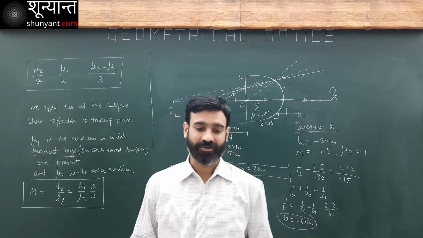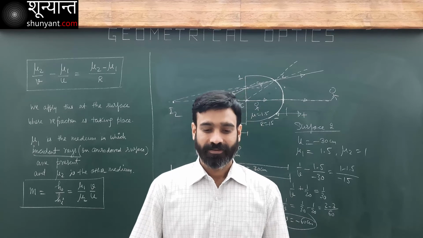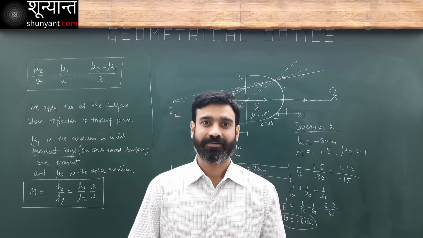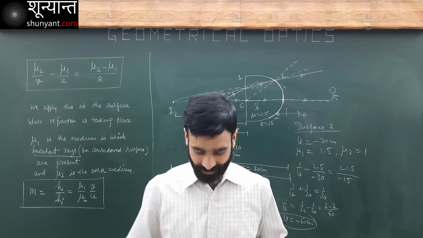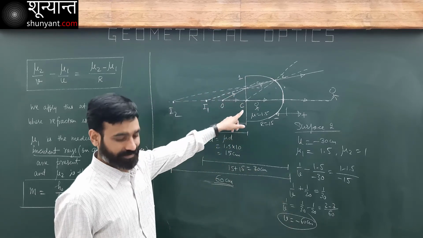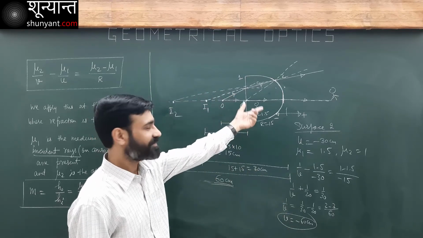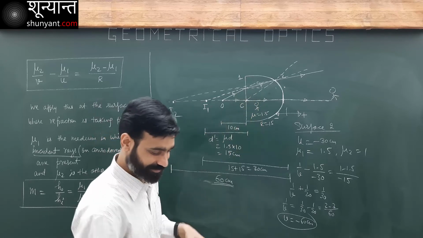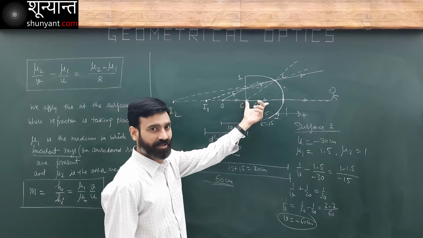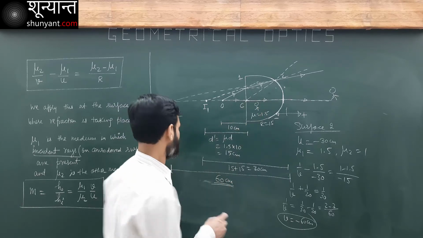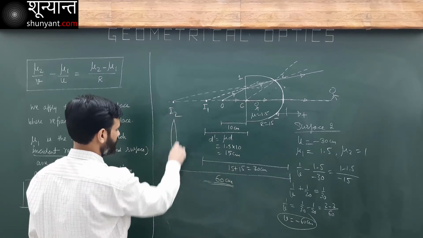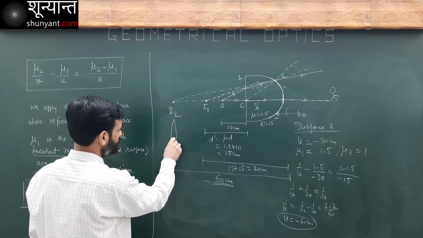Now solve some problems. Next class, we are going to start doing thin lenses. You see, this also is a lens, but this is a thick lens. Next class, we are going to start looking at thin lenses, lenses like this, where this distance is very small.